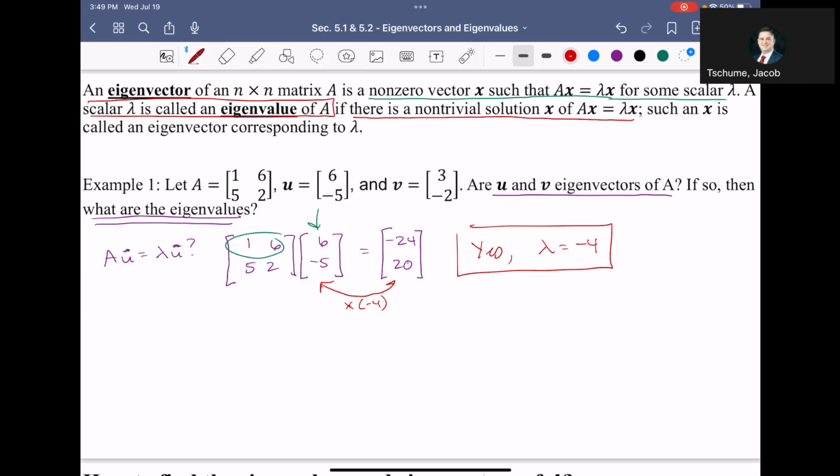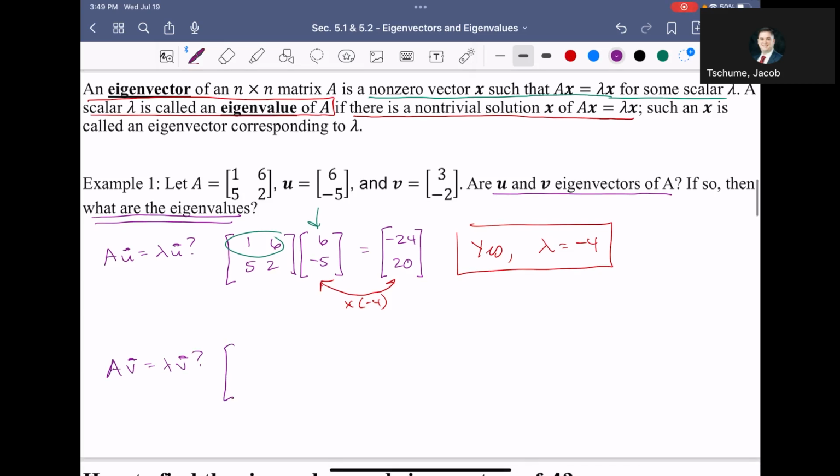Now, keep in mind, not every vector is an eigenvector just because we claim something is. Let me show you what will happen if it doesn't work. So on the next one, we are trying to verify if I multiply the same matrix A times vector v, will it create a multiple of itself?